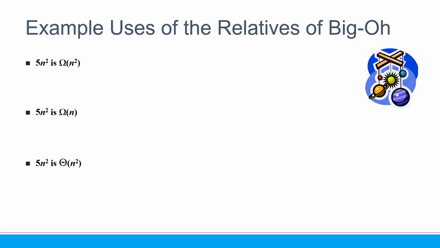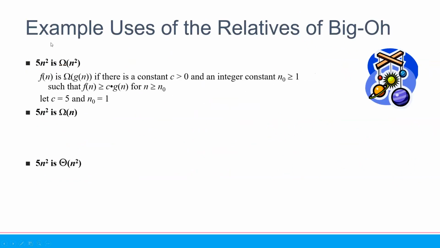So yeah, here are some examples. 5n² is big omega of n². Is it true? Big omega means it is greater than or equal to. So if you look, yeah, it is true.